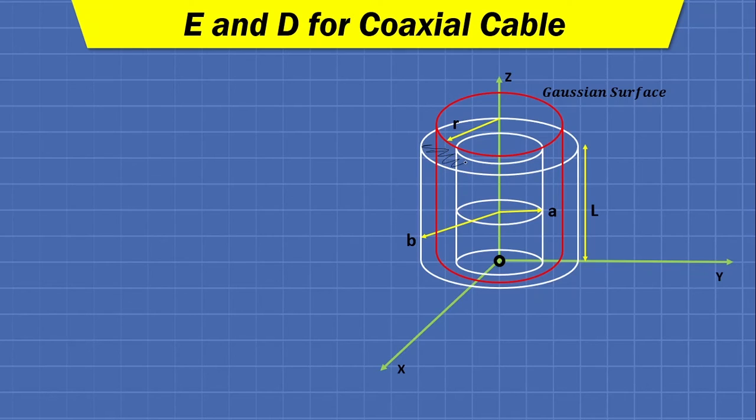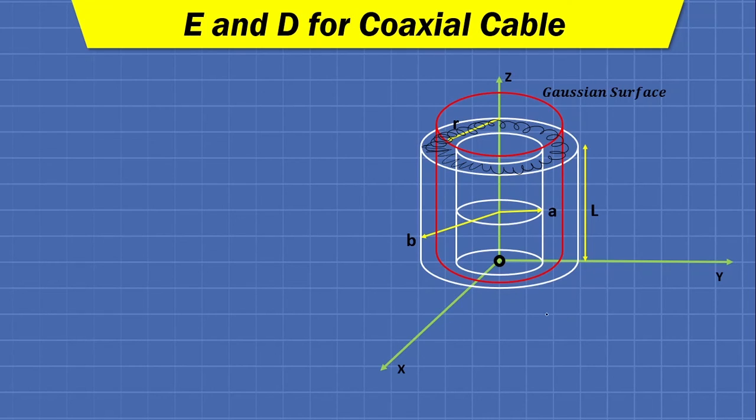So this region will only have some finite value of intensity and density. Fine. So inside the inner cylinder, E bar and D bar are 0. Outside the cylinder also, E bar and D bar are 0.